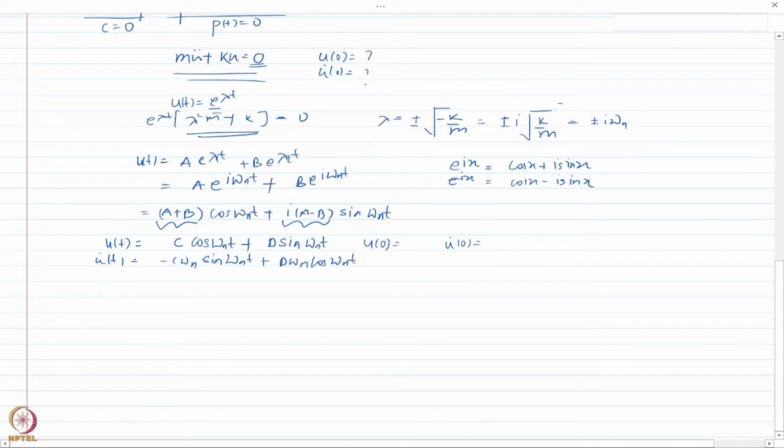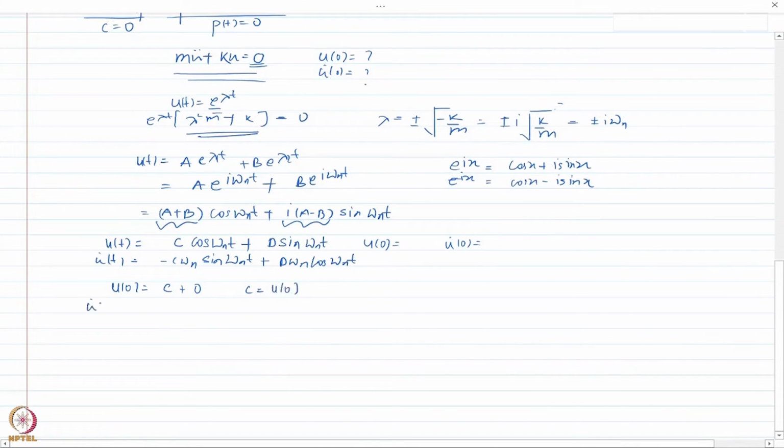All right, so let us substitute these values. So u0 is equal to c, and remember at t equal to 0, cos omega n t is basically 1 plus 0, because sine of omega n t at t equal to 0 would be 0. So I have obtained my value of c as u(0).